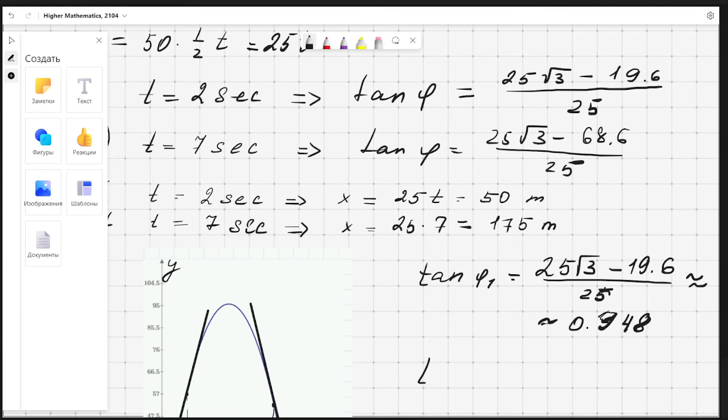Tangent of phi second equals 25 square root of 3 minus 68.6 over 25.